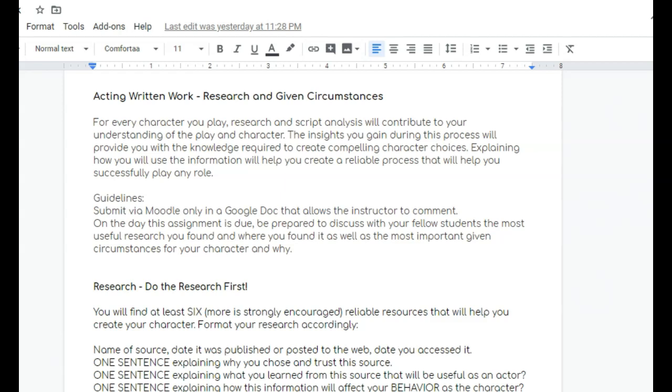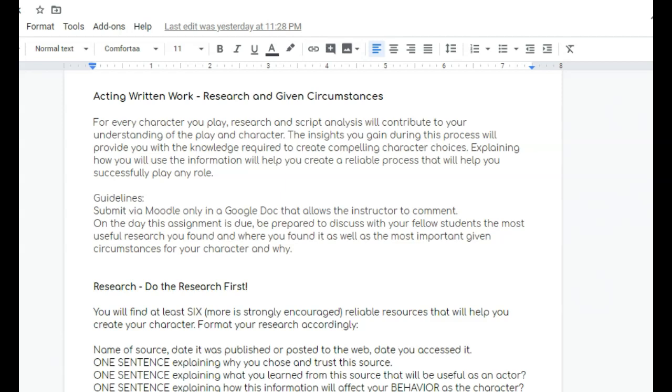And the information and the insights that you gain during this process will provide you with knowledge that is required to create a compelling character and character choices. And having to explain this work will make you have the information in a way that creates a reliable process for you. And it'll help you in any role that you play.